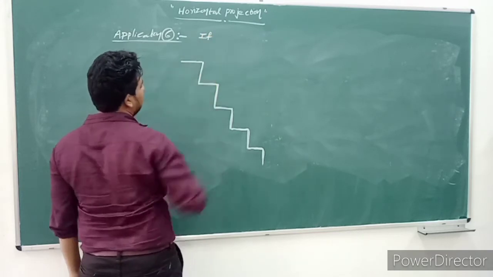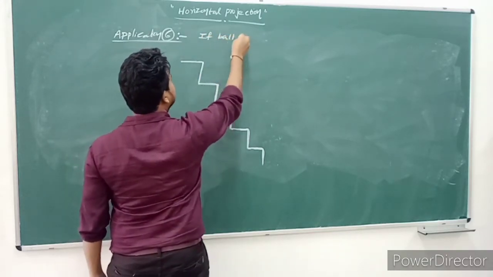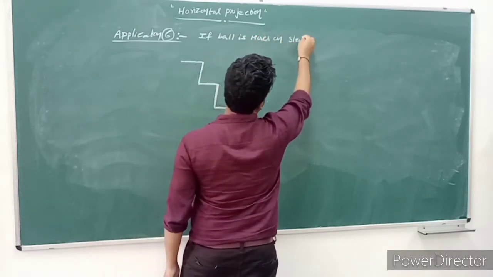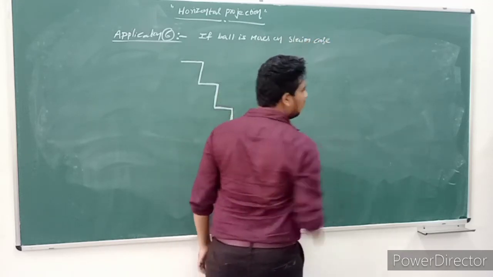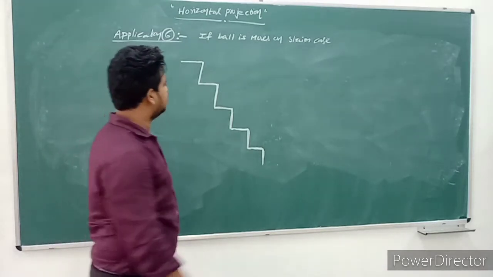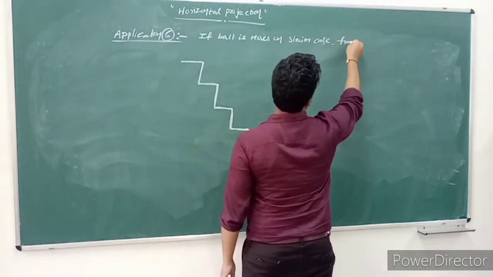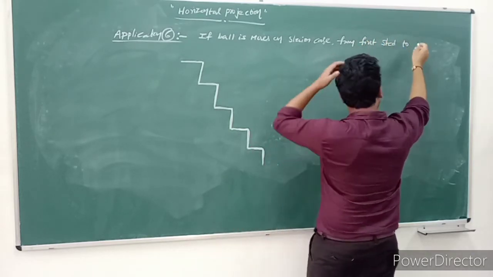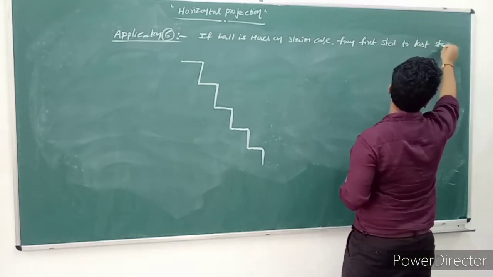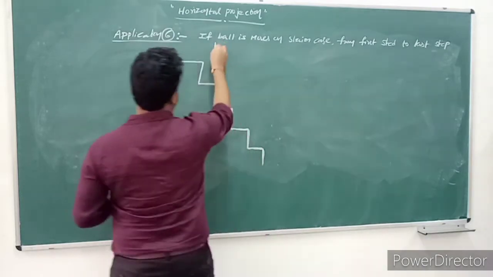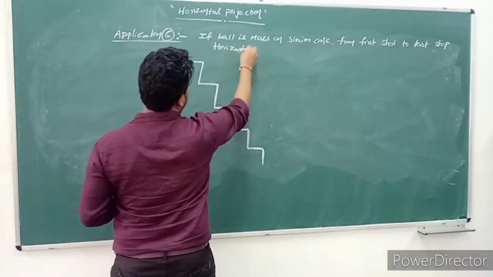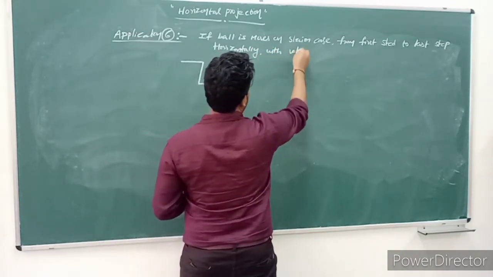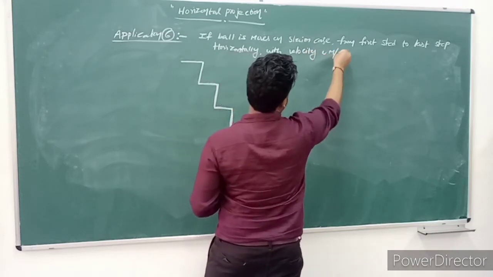If a body moves on the staircase from the first step to the last step horizontally with velocity u meter per second.